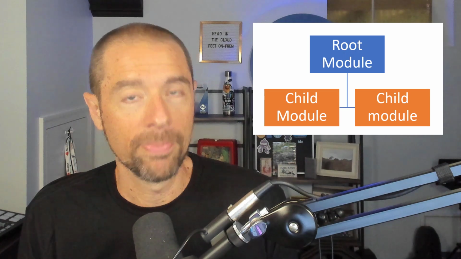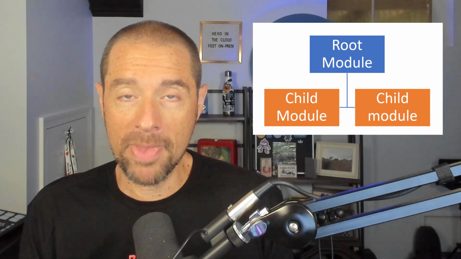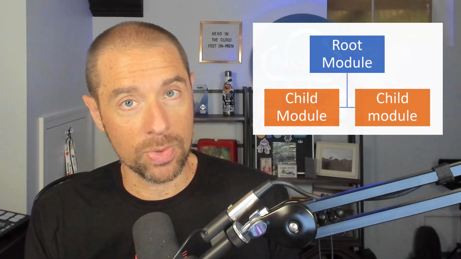Now, where are input variables used? They're used inside of Terraform configurations. And you should definitely check out my whole video on modules, because I'm going to use some module terminology here. But basically, the configuration you're currently working in is the root module, and any modules you invoke from that root module are the child modules.